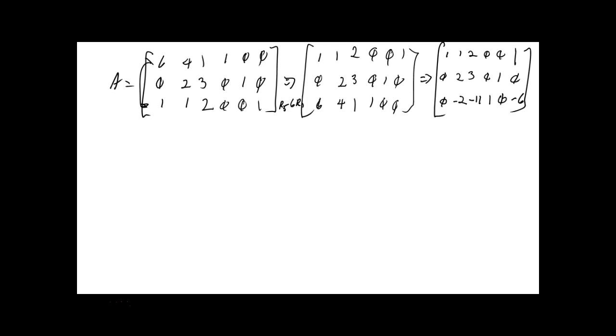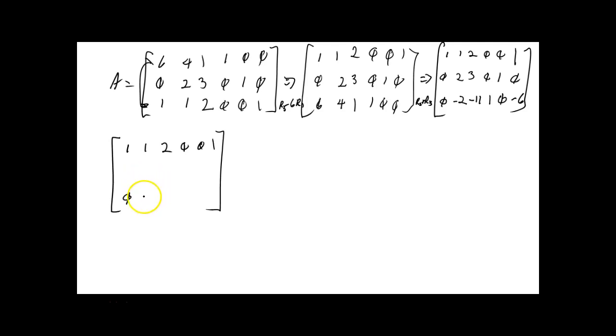So let's add row 2 plus row 3. Now we're leaving row 1 alone: 1, 1, 2, 0, 0, 1. We're leaving row 2 alone. Well, let's do what I said, row 2 plus row 3. What would that be? Help me.